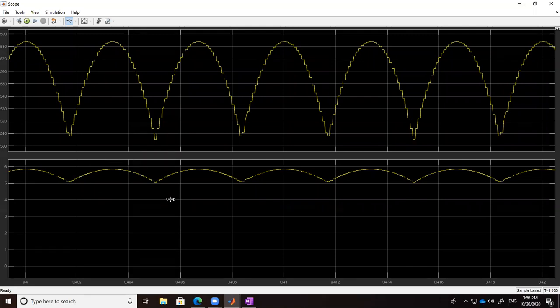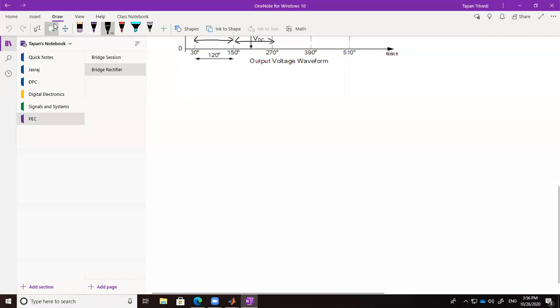Okay, AB, BC, it's like this. First AB is conducting, then AC is conducting, then BC is conducting, then BA is conducting, then CA is conducting, and CB is conducting, and then AB conducts.